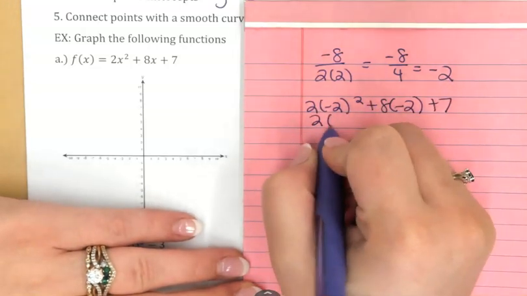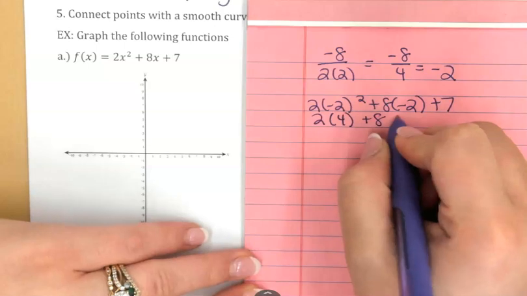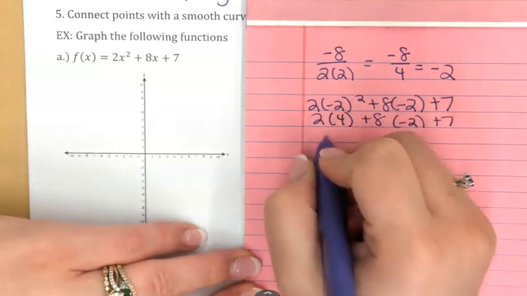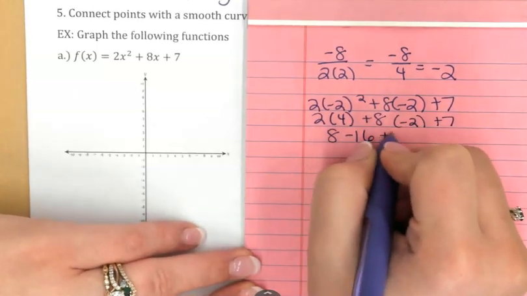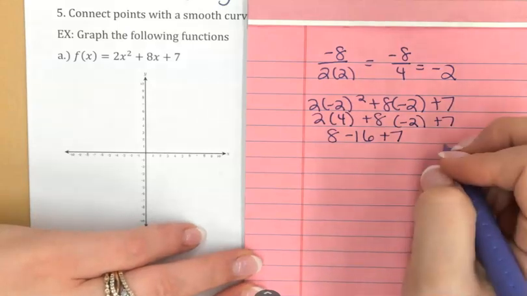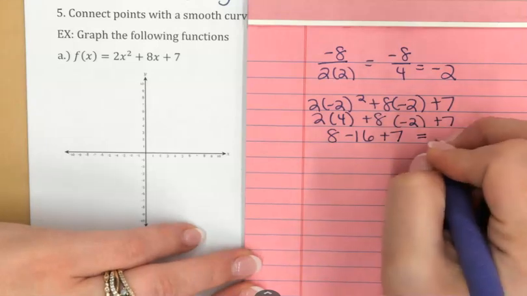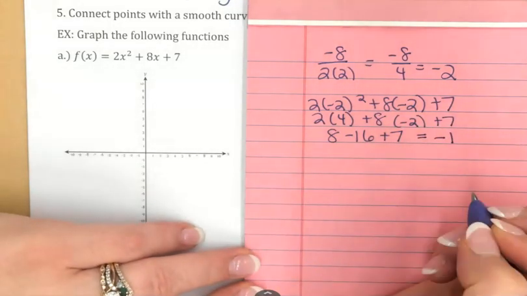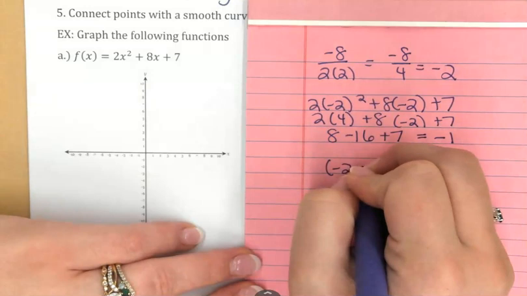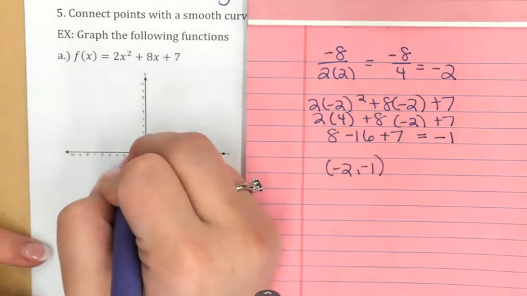Order of operations says I have to square first. Then I can multiply. And 8 minus 16 plus 7 is going to give me -1. So my vertex is at -2, -1. So there is my first point.